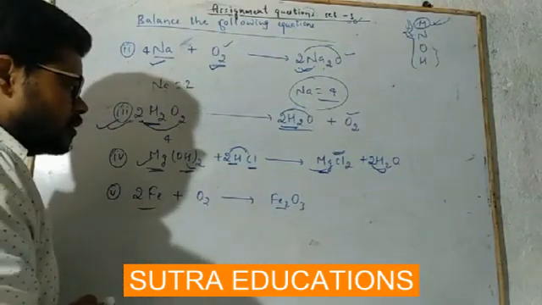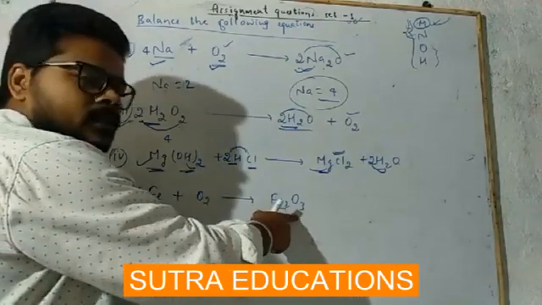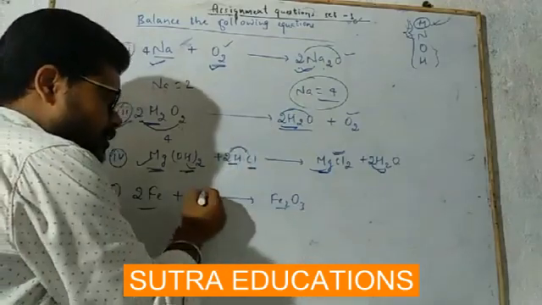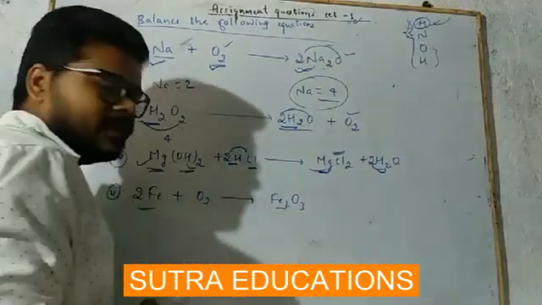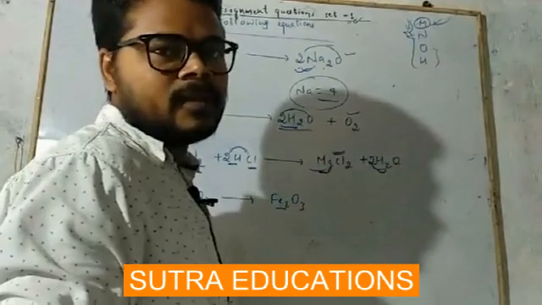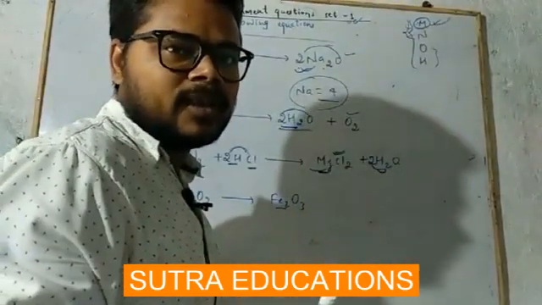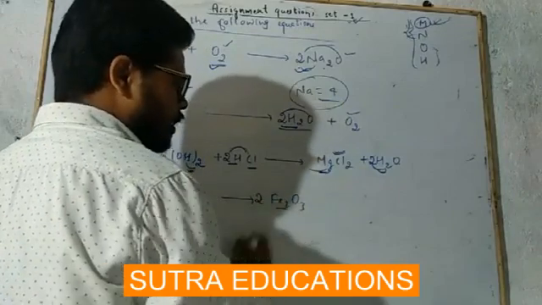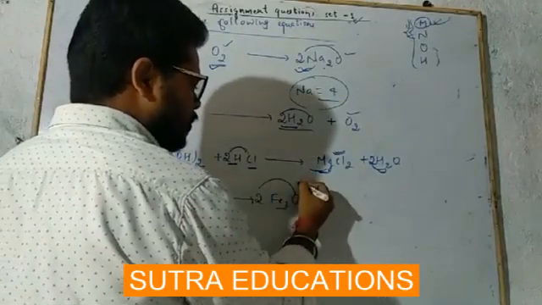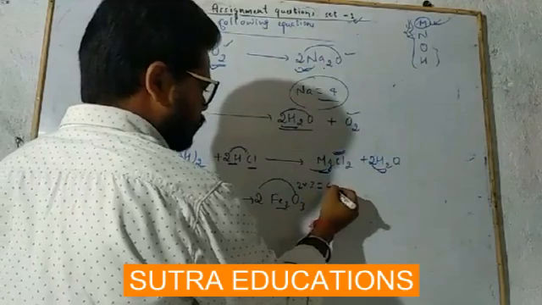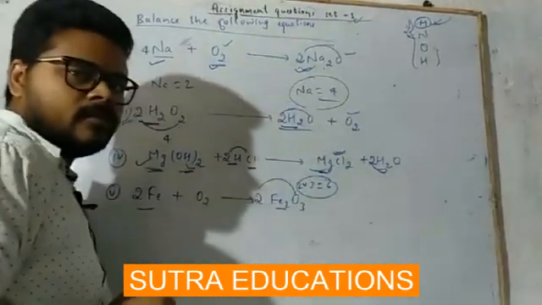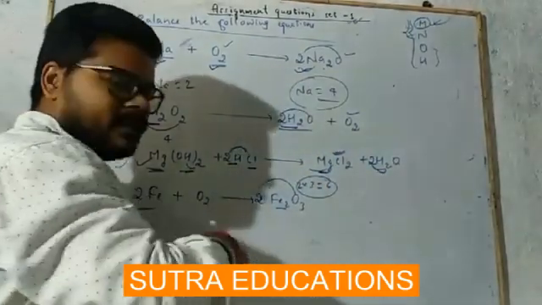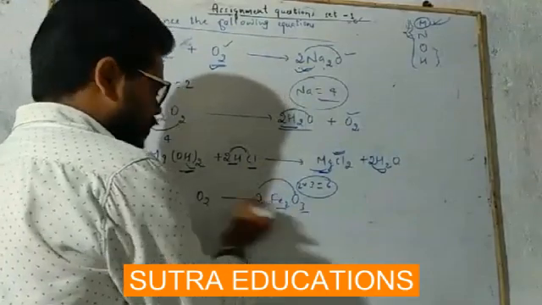Come to oxygen. Oxygen is here 2, here 3. So how to balance this? Make them equal. How to make them equal? Multiply this by 2, so that 2 into 3 will become equal to 6. This side is 3, this side it is 2.